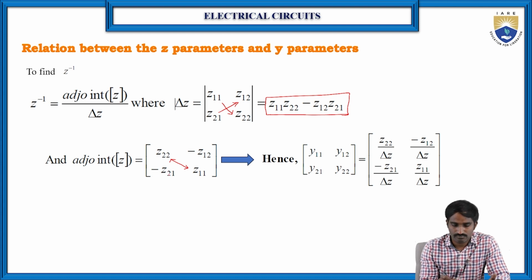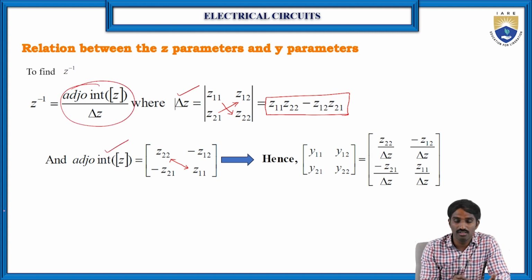Then if you find the delta z value and the adjoint matrix in this particular equation, you will get the value like this. This is the z inverse matrix, and you know already that the y matrix is equal to the z inverse matrix.